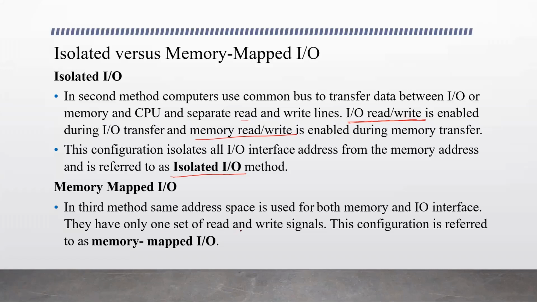Here, there is one set of read-write signals. As memory and I/O are mapped together, this configuration is referred to as memory mapped I/O. There is no way to separate them. A single bus is used and there is a single control line.